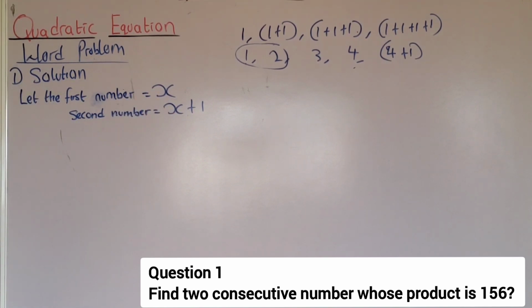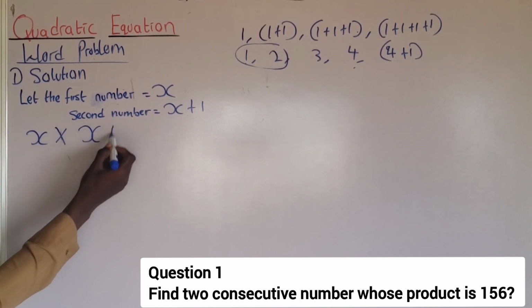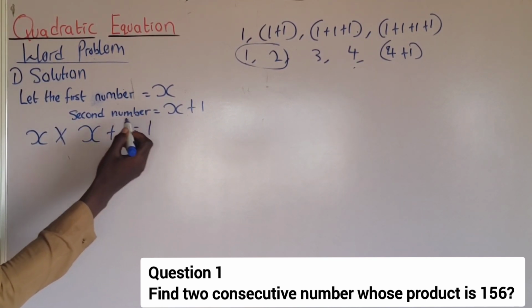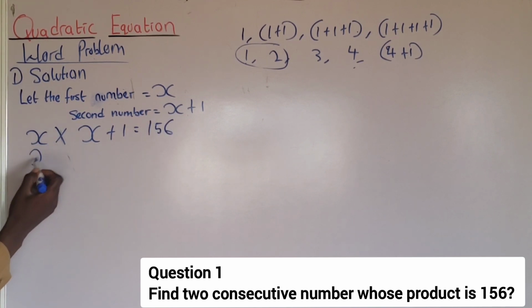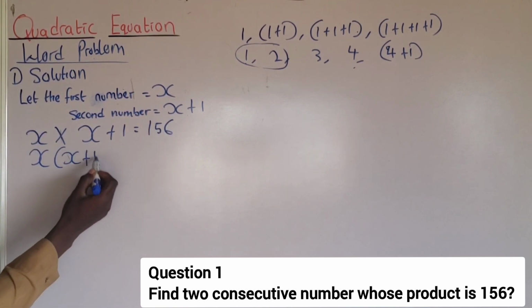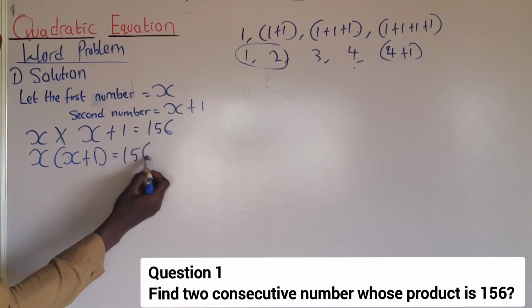Okay. So we are given that the product of these two numbers is equal to 156. So we are going to take their product: x multiplied by x plus 1 equals 156. So here I'm going to have x into bracket x plus 1 equals 156.